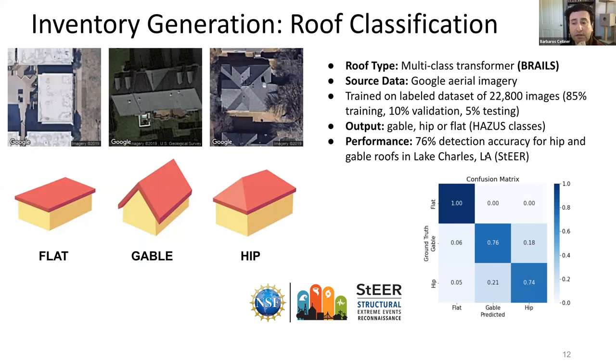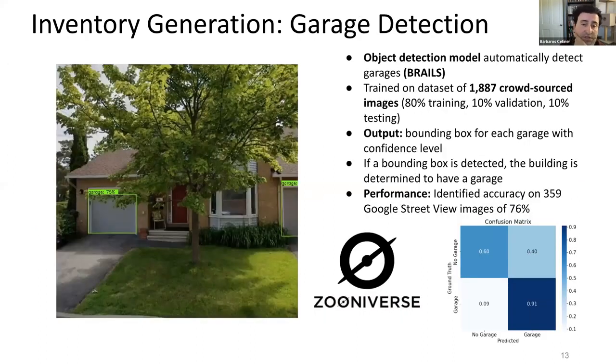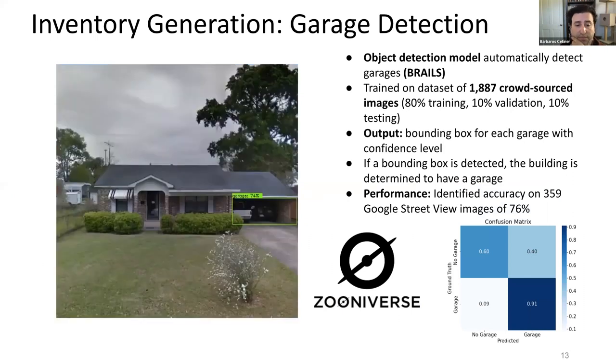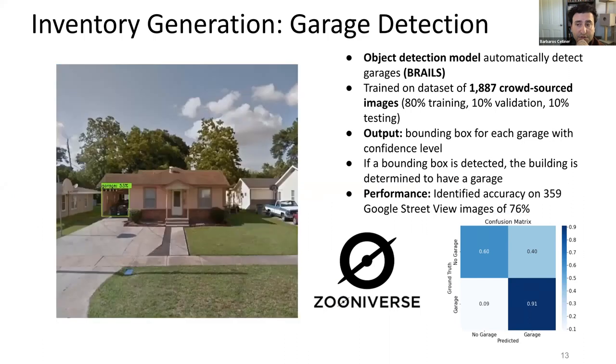These are, by the way, test accuracies, all of these, not training accuracies. At the minimum, we've seen it do about 75% for classifying roofs into 3 separate categories. And we have miscellaneous things like, is there a garage in a building? What type of garage is it? And we have developed models for those too.